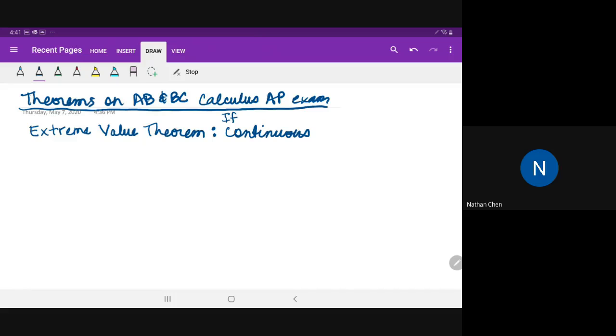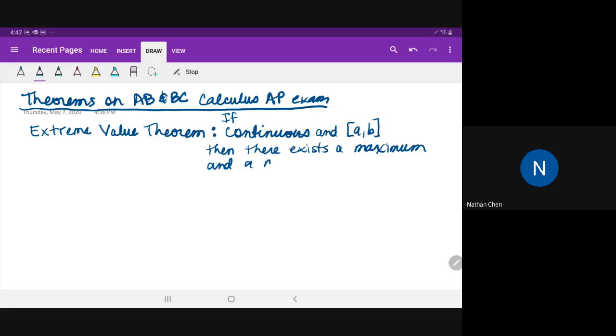So if it's continuous and it's on a closed interval, then there exists a maximum and a minimum, which occurs at the relative extrema or the endpoints.